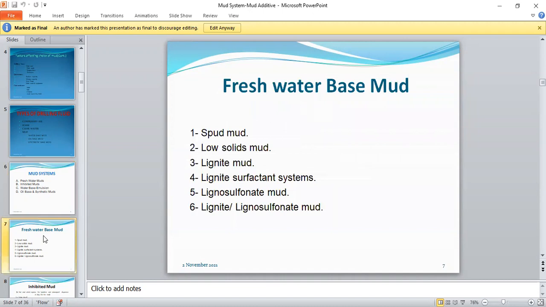Freshwater muds. We want to look at some freshwater muds. Spud mud. Spud mud is the first mud, like I told us, the mud that we use to start drilling. That mud that is used to start drilling is called spud mud.